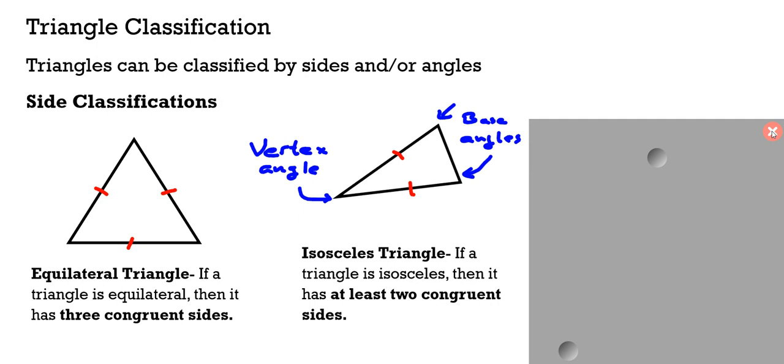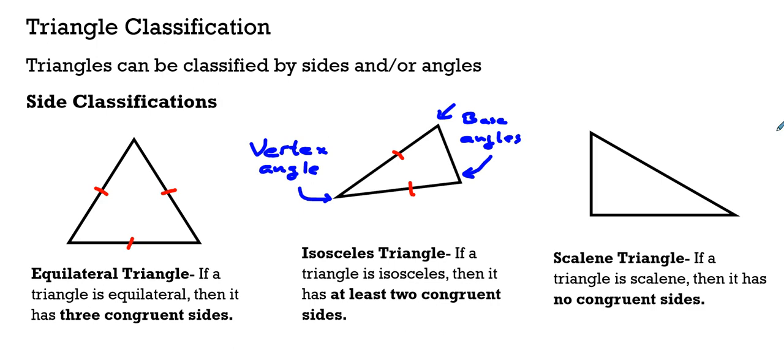And then lastly, we have scalene triangle. If a triangle is scalene, it has no congruent sides, and that can be communicated a couple different ways. You can look at it like it is right now because there are no congruent marks, so you can't assume that any sides are congruent, or you can have three different congruent marks, 1, 2, and 3, and the fact that they're different is all that matters.